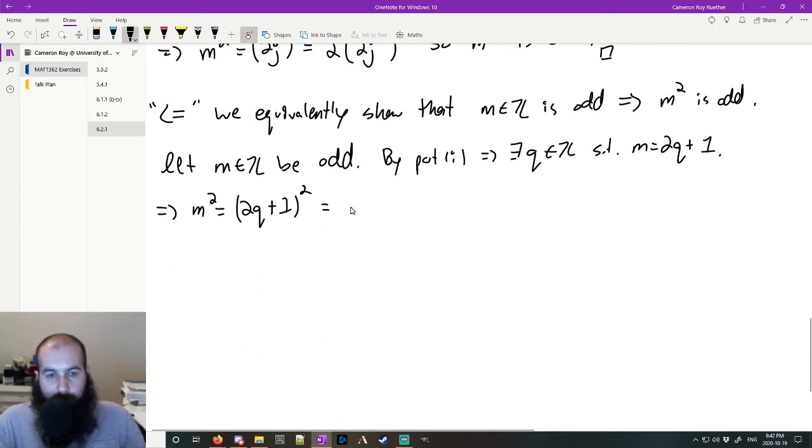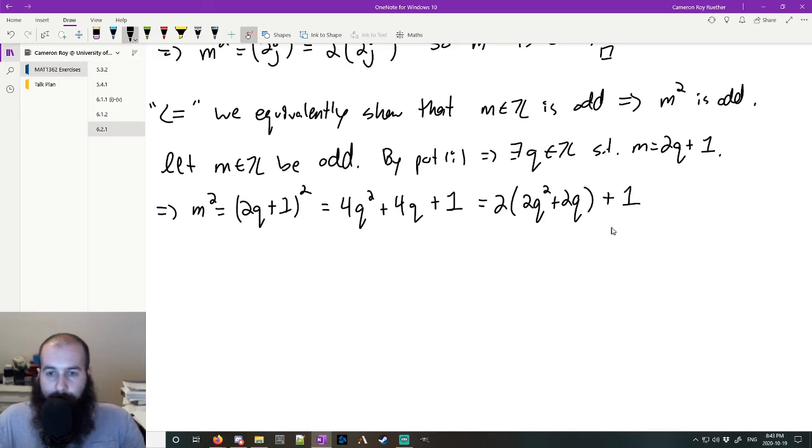This is 4q squared plus 4q plus 1 when everything is multiplied out. And these first two pieces can have a 2 factored out. This is 2 times (2q squared plus 2q), all plus 1. But now this piece here is an integer, so we've written m squared as 2 times an integer plus 1.